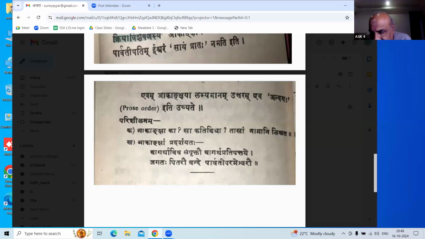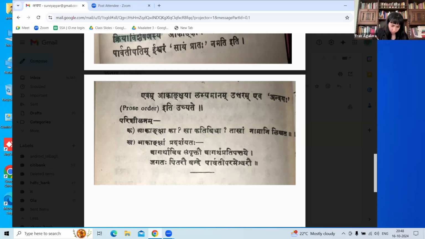Aham in parenthesis is an adhyahara. Then another student said: Yatha Vagartha Samprktau Vagartha Pratipattaye Tatha Jagatah Pitarau Parvati Parameshwarau Aham Vande. Is that what you said? Yes. You forgot the word Iva. Iva should be there. Yatha Vagartha Iva Samprktau, I said. Yes, Yatha together, Vagartha Iva Samprktau. Beautiful.